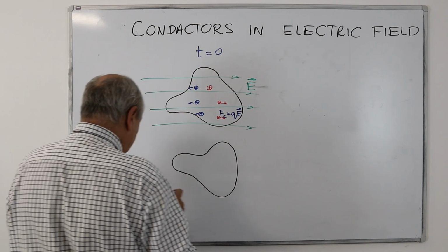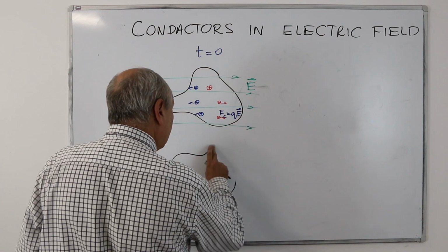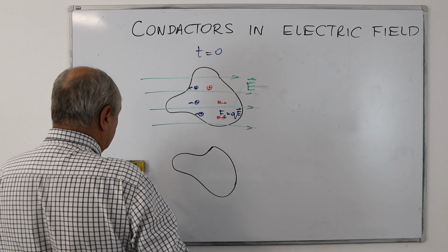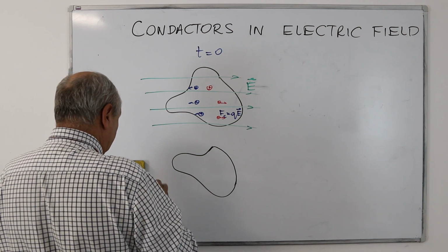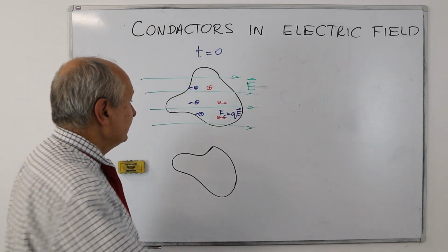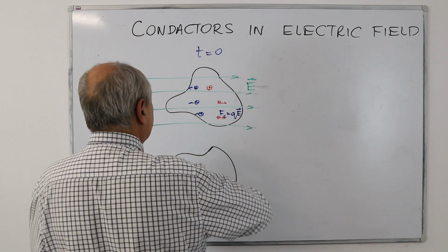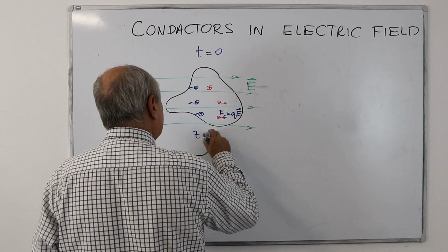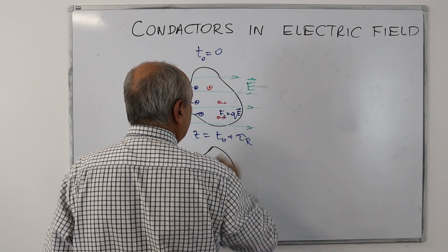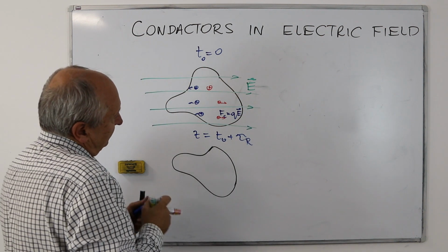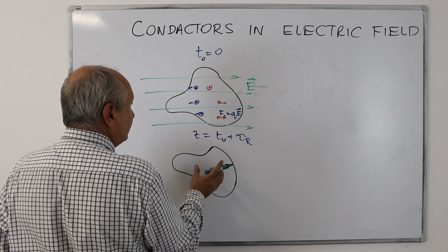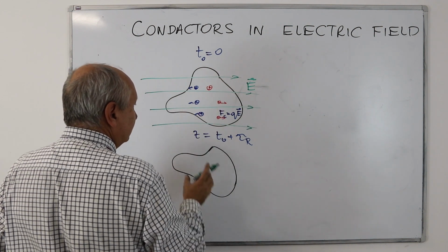This is the same conductor in a static situation. And what happened? In the static situation, after the passing of time, time t0 plus tau, the relaxation time constant, we obtain the situation where charges don't move anymore.